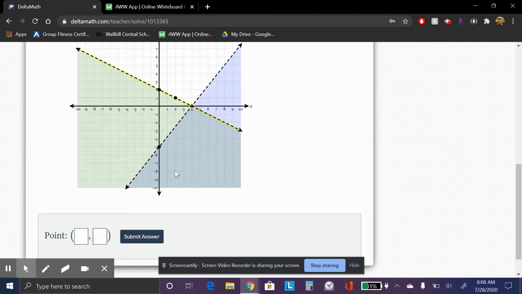Where they overlap is your solution set. You can pick any point in this area, and when you plug it in, that's going to be the correct answer. So I'm going to pick the point 4, -3. That's a coordinate in my overlap solution set.